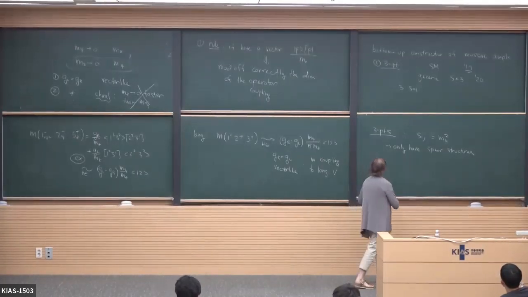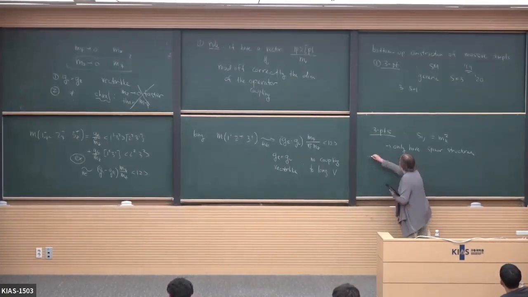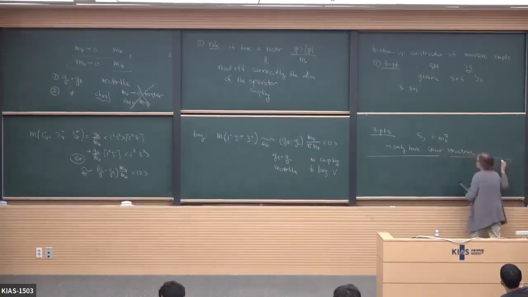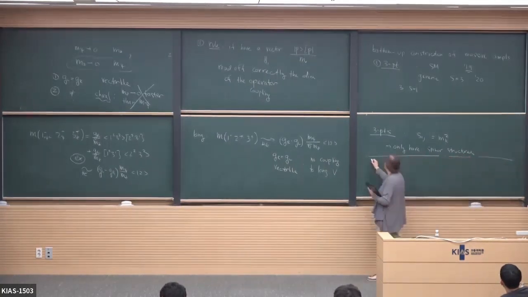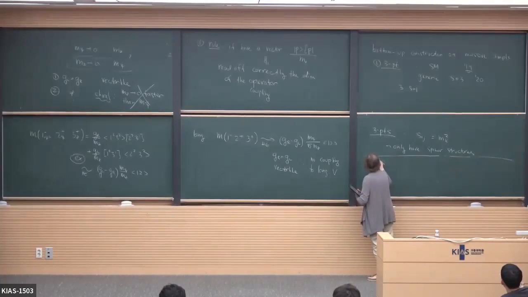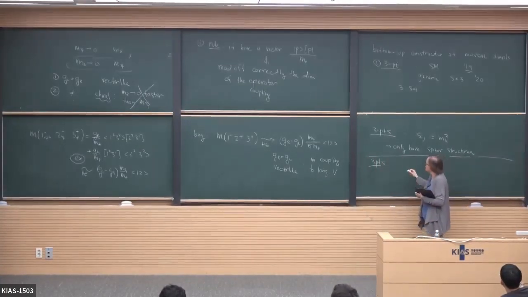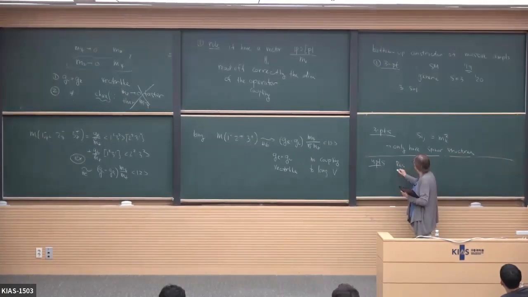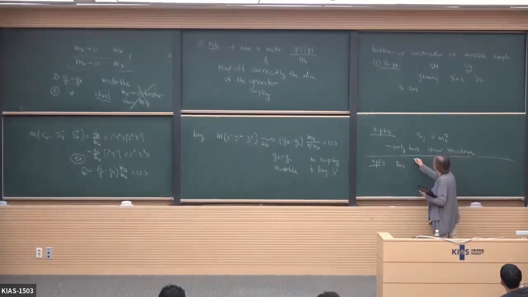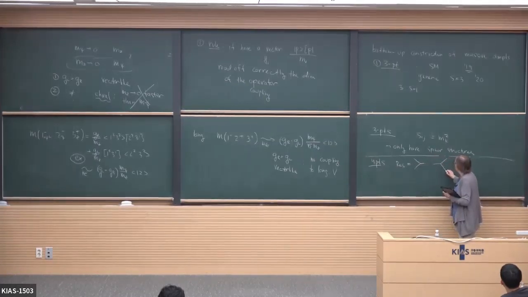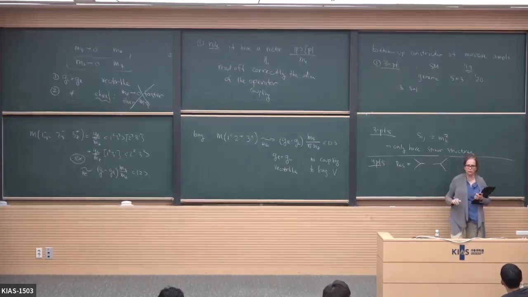But now I want to go on to construct 4 points. Again, the thing that we know is that the residue of a certain pole is equal to the product of a 3-point amplitude times another 3-point amplitude.